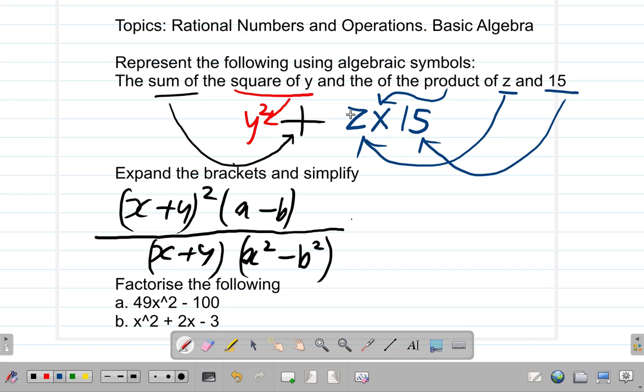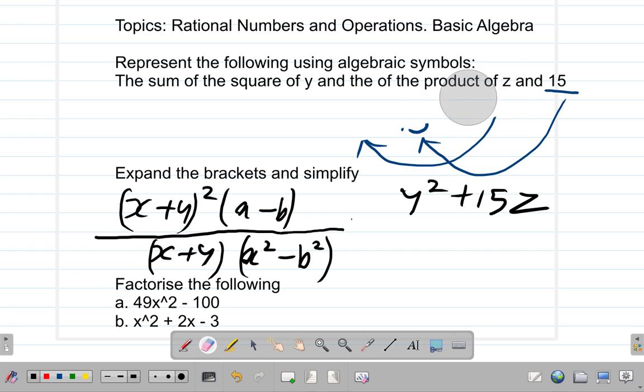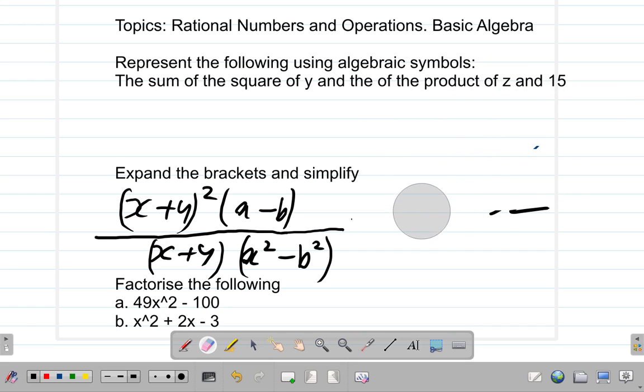So you have y squared plus z times 15. Or you could just write it as y squared plus 15z. So there you have that. Nice. So you have a few questions in the assignment set up like this. So hopefully this assists you in answering those questions.